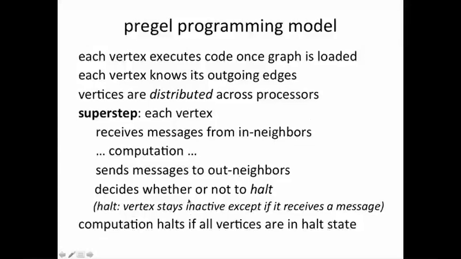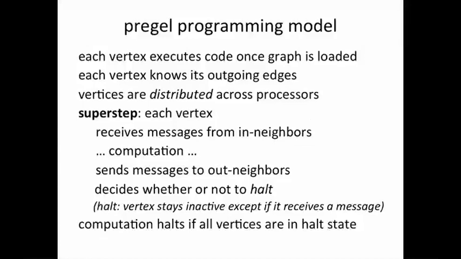If this does not happen and all vertices are halted, then the computation halts. So the master, as we mentioned in the previous chart, is responsible for making sure that the messages are sent and received from vertices, as well as checking whether or not all the vertices are in halt state. If they are, then it ends the computation.